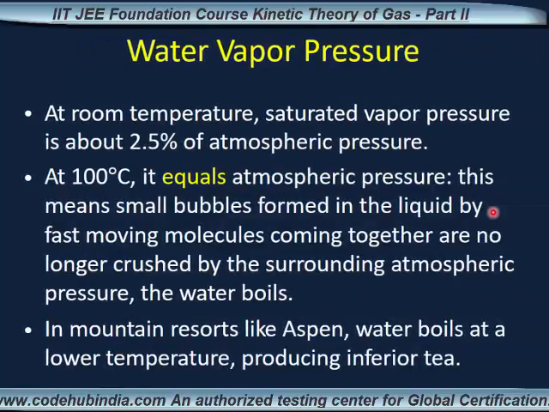Now, at room temperature, saturated vapor pressure is around 3.5 percent of the atmospheric pressure. When the temperature increases, the water starts boiling, and at the boiling temperature water bubbles form at the surface of the boiling water.